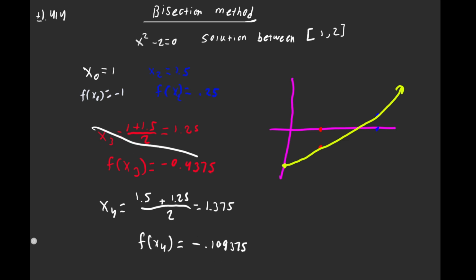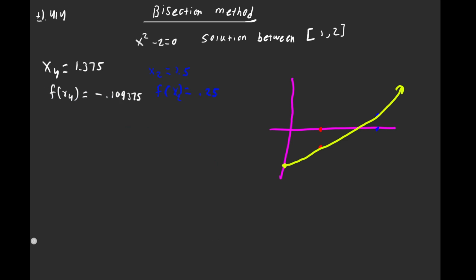And as we see here, we have a negative y value, and x sub 3 has a negative y value, so we cross this out because we're not going to use it anymore, as well as x sub 0, since its y value is also negative, so we just cross that out. And we have a positive y value for 1.5, and we have a negative value for when x is equal to 1.375. So let's clear up some space and we will look at the next iteration.